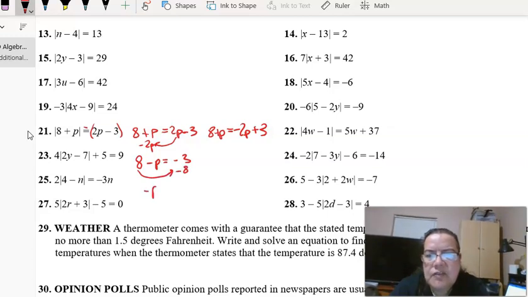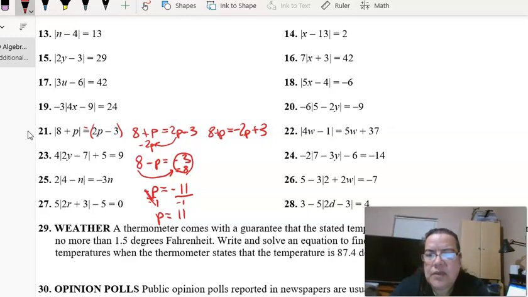So I end up with -p is equal to, I add these 2 together, -8 and -3 is -11. I multiply or divide both sides by -1. Why? So I can get rid of the negative. So I just end up with p equaling the number 11.